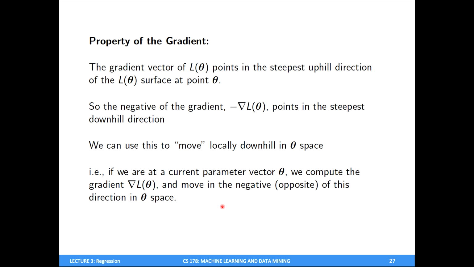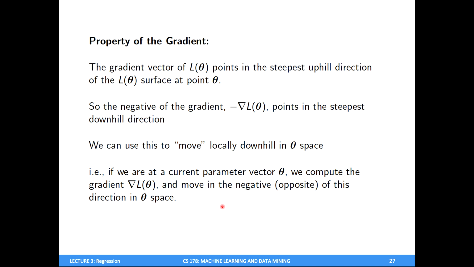As I've alluded to throughout this lecture, the gradient is a vector. And a very cool property about this vector is that it points in the direction of steepest ascent on our loss surface. So it tells us what direction we can move in to increase our loss function by the most possible amount. As a consequence, the negative of the gradient, the vector that is just flipped from the gradient, points in the steepest downhill direction.